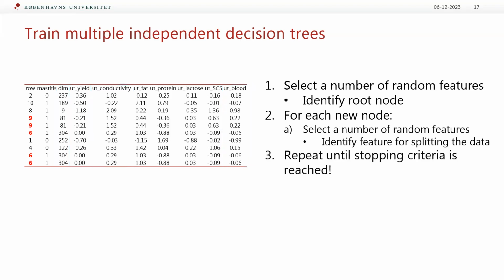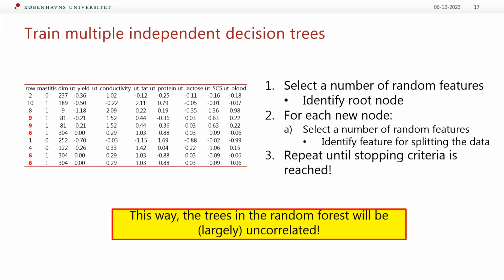And we repeat this process until some stopping criteria is reached. And because we are doing it in this way, the various trees in the random forest will be largely uncorrelated with each other, which means that, again, it will have the effect of asking the same question to multiple different experts instead of just many copies of the same expert.